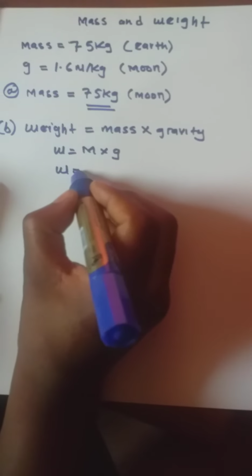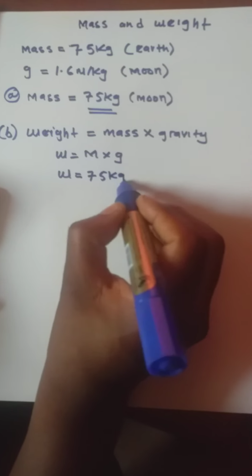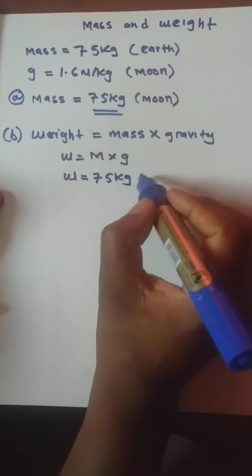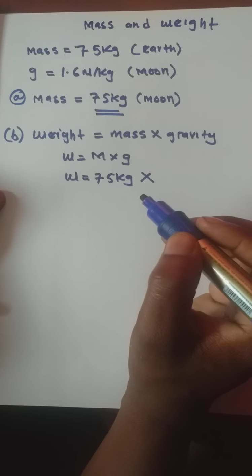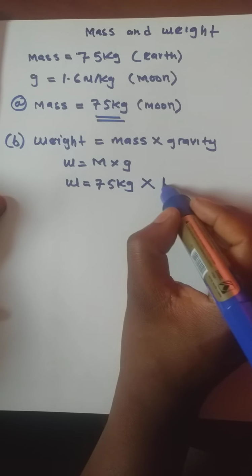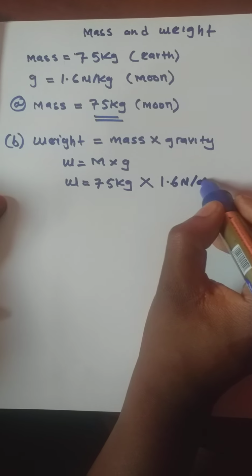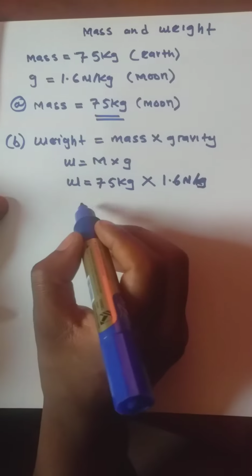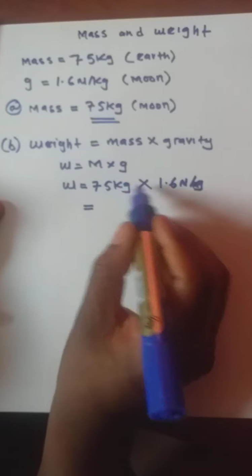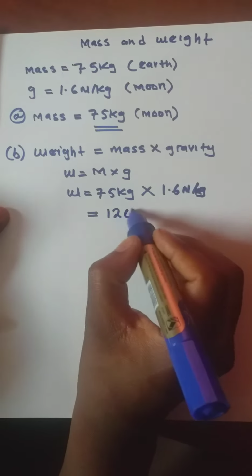Our mass of the object on the moon, we have said, is 75 kg in part A. Then we multiply by the gravity for the moon because they want the weight of the object on the moon. So we multiply by the gravitational field strength for the moon, which is 1.6 newtons per kilogram. When we multiply 75 by 1.6, we get 120.